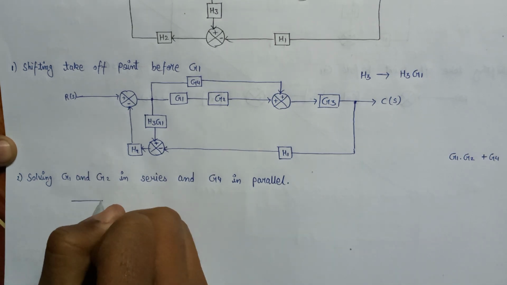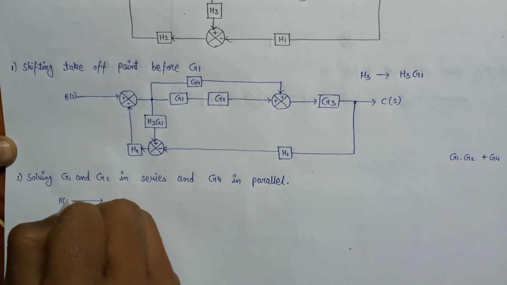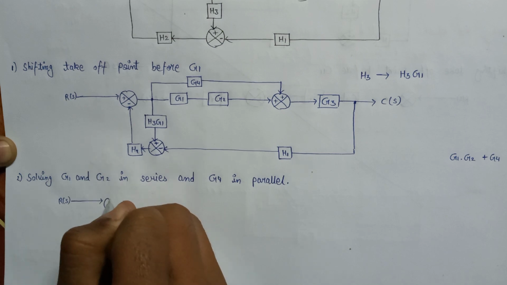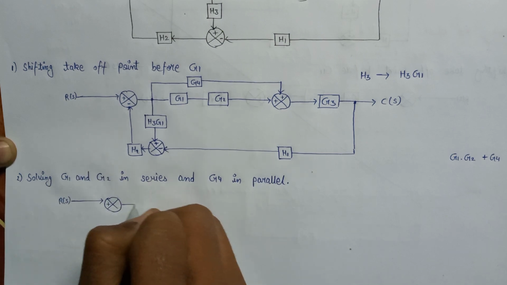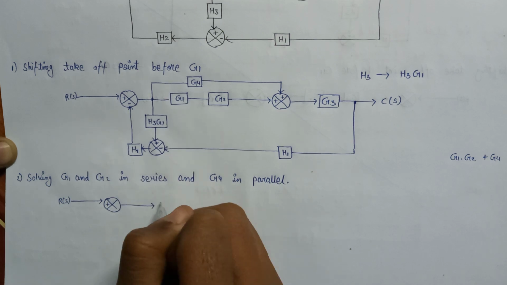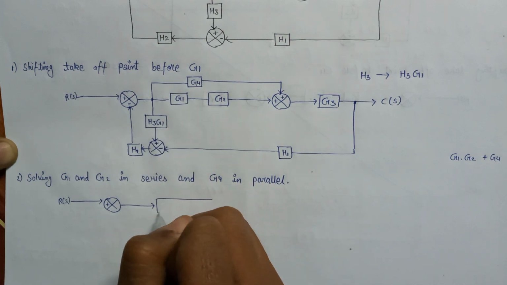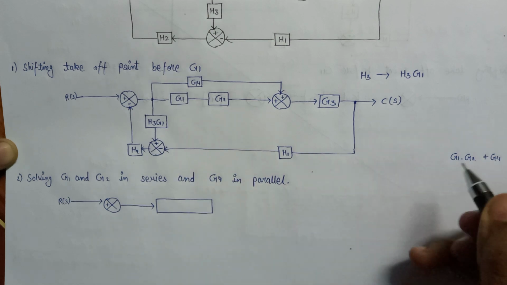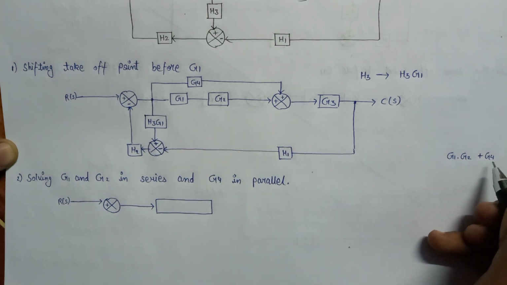So here is R of S that is applied as an input to the summer with positive polarity, and here is the equivalent gain that we have calculated, that is equal to G1 G2 plus G4.